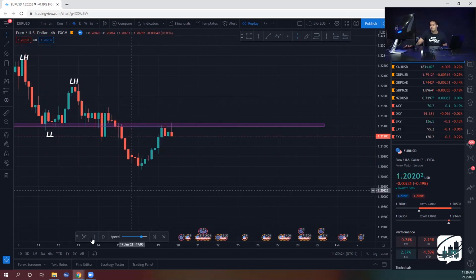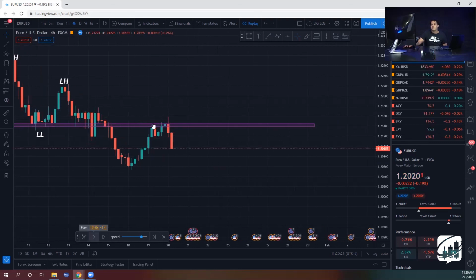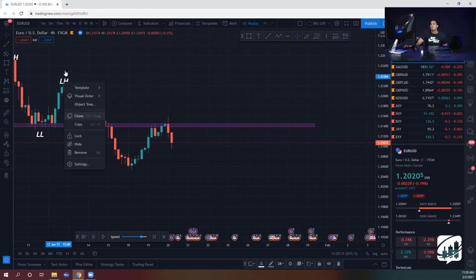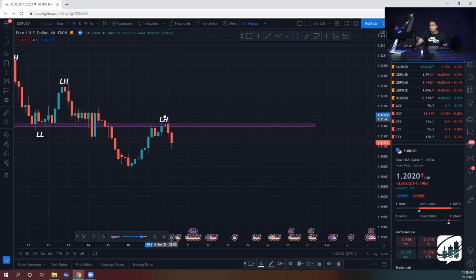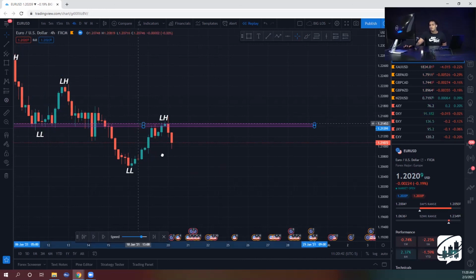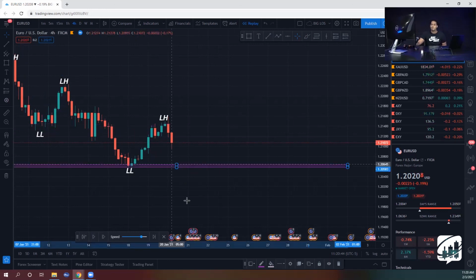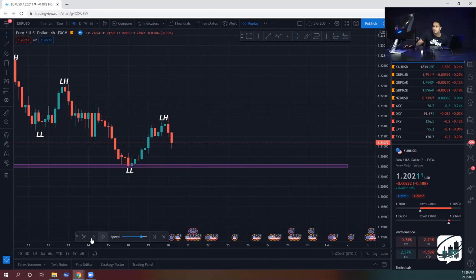Boom. So we have our new lower high. Okay, again, lower highs, if you're a bear, this is where you would enter. Okay, so now we're waiting for a new lower low so we can continue this downtrend.